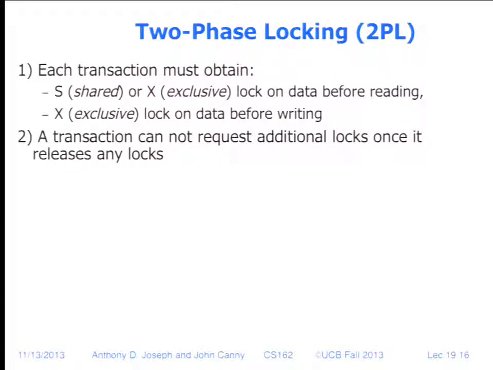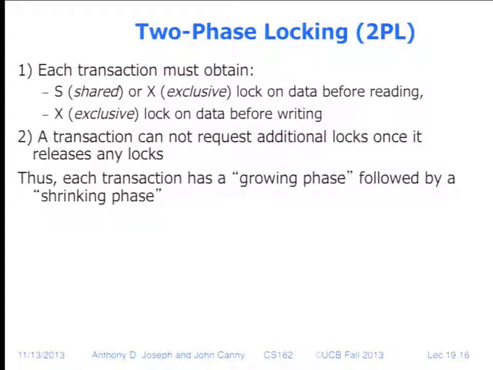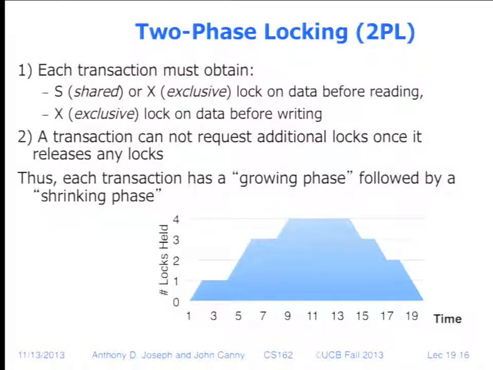So basically the sequence of lock acquisitions forms a hill with a peak where all of the locks are held at some point. It's called two-phase locking because there are two phases. There's a phase where you're only acquiring locks, not releasing anything, and then another phase when you're only releasing them. So the picture looks like this, in terms of the number of locks held.